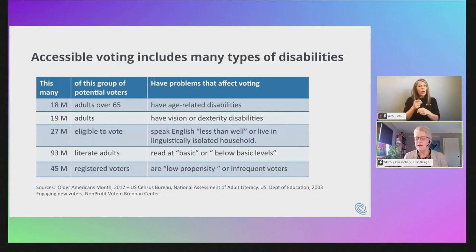It might mean that they don't show up for primaries. So they don't get to take that important first step of choosing who's going to be on the ballot in November. And they're often not very civically engaged or not engaged in elections because they face barriers in their daily lives. And since accessibility is all about removing barriers, we take a very broad view of what we mean by access to voting.